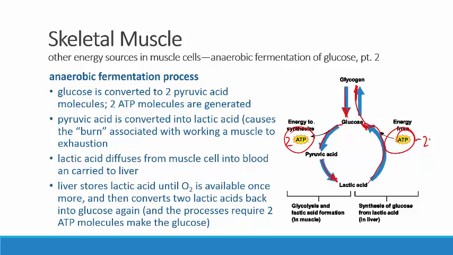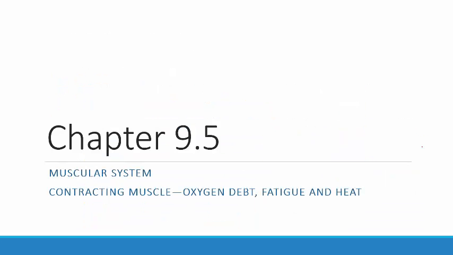And notice that while we can take 2 ATPs out of glucose when we do anaerobic respiration, it takes 2 ATPs later on to reconvert it back to glucose. But that doesn't happen until after oxygen is available once again to the body, after we've stopped working and have had a chance to rest and recover.